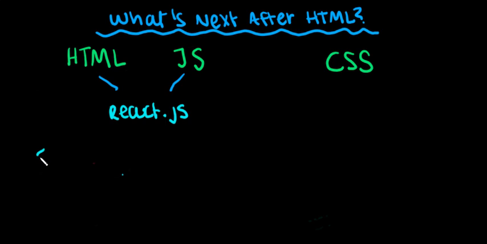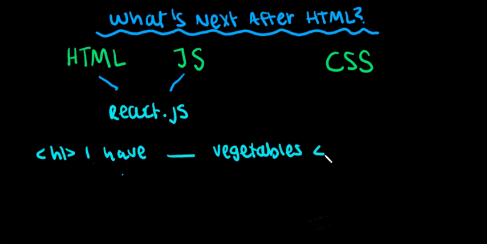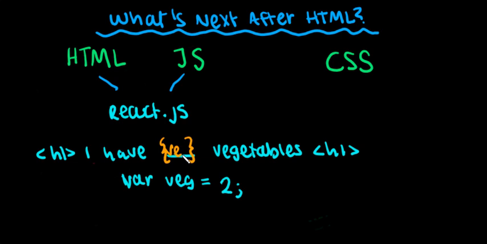So for example, if you have an H1 here and you say, I have blank vegetables, and let's say you have a variable var veggie equal to 2, then you can actually just put veggie into here with some parentheses.